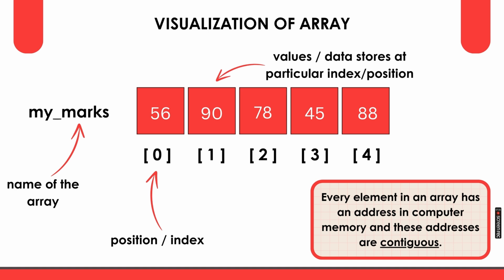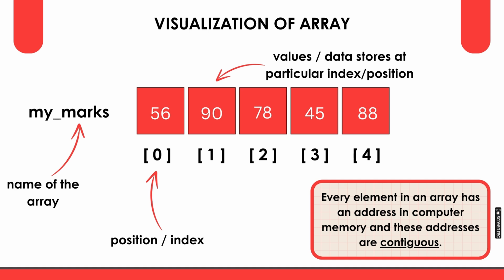You can see the name of the array, myMarks. 0, 1, 2, 3, 4 are the positions, the indices, and the numbers I have written inside the boxes are the actual data, the actual values stored at that particular index inside the array.